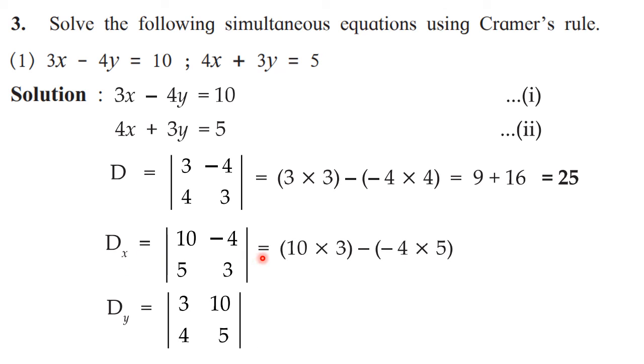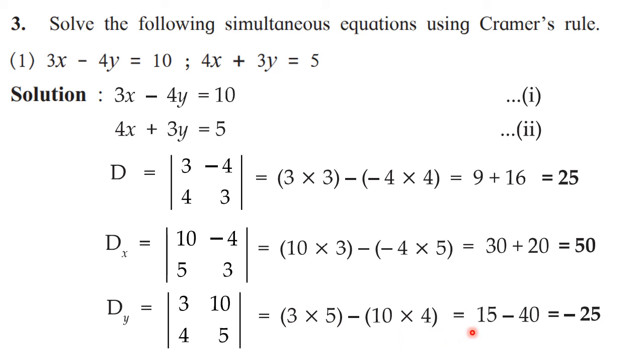Similarly, you will find dx: 10 into 3 minus 4 into 5. So 10 3s are 30 plus 20, that is 50. And dy is 3 into 5 minus 10 into 4. So 3 into 5 is 15 minus 40, that is minus 25. So we got the values of D, dx and dy.